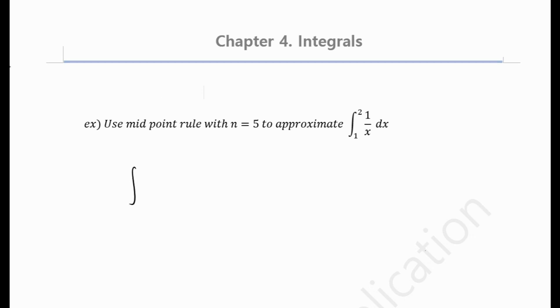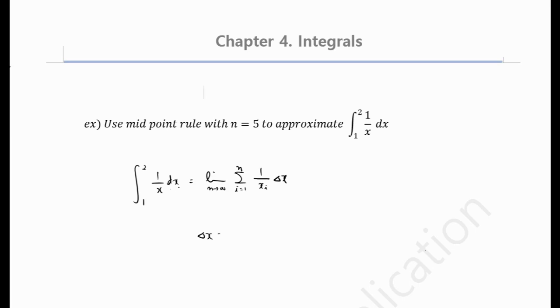We change this definite integral into a Riemann sum: the limit as n approaches infinity of sigma from i equal 1 to n, where x becomes the sample point xi, so 1 over xi, and dx becomes delta x.